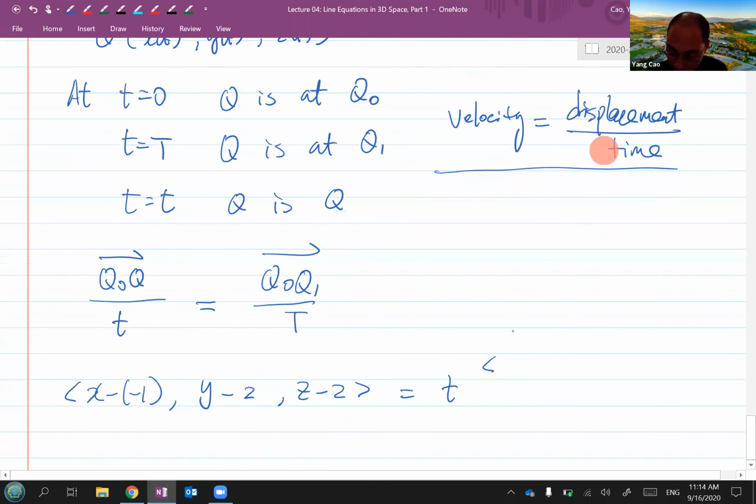So I get 2, 1, -3, divided by the constant capital T.